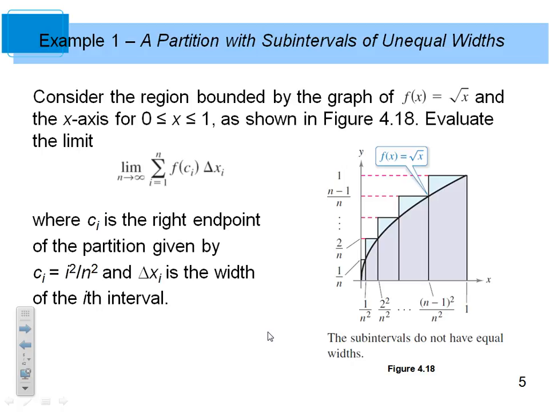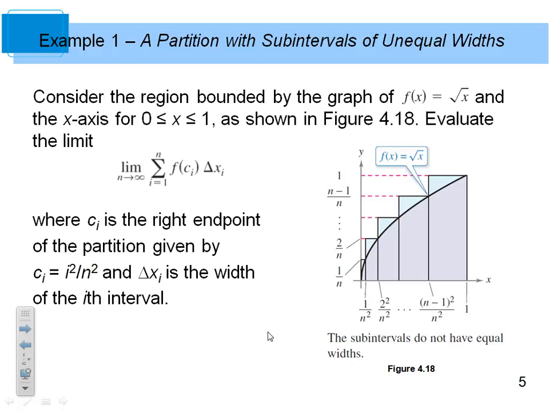Example 1, if you read the problem, it says where c_i is the right endpoint of the partition given by c_i equals i squared over n squared. It was given to us, so they could make c_i many different things. They just picked one that would be unequal.